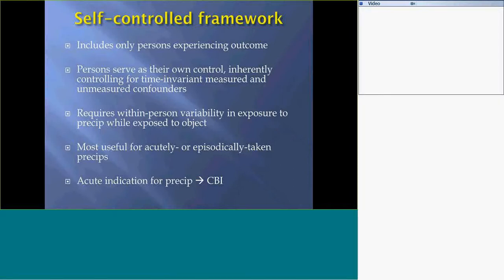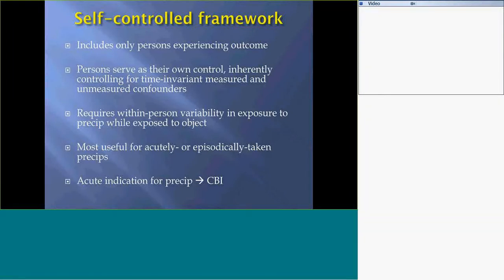So for instance, genetics, to the extent that genetics don't change over time, because you're comparing time within individual, basically asking why does the event happen to the individual at the time it does than some other time. You're essentially controlling for these time invariant factors.